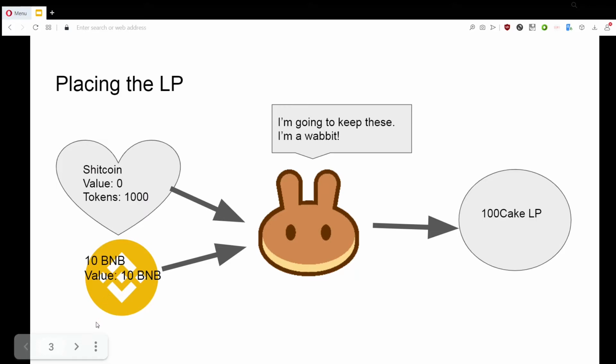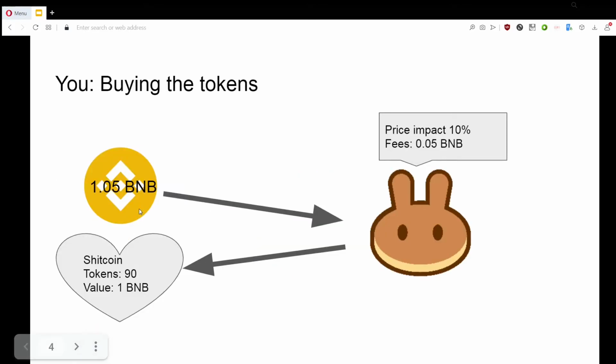So after this, next step, what happens is you as a buyer will spend 1 BNB purchasing these tokens, and there are several things happening here. One is that there are some fees assigned with this swapping, which is, let's say, 0.05 BNB. The other thing which is going to happen is a price impact.